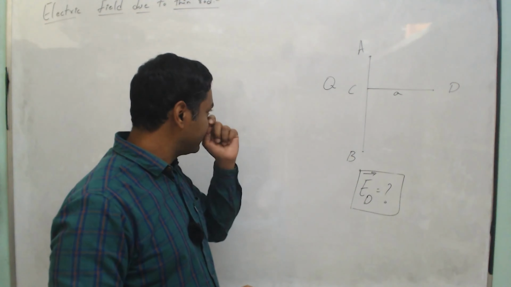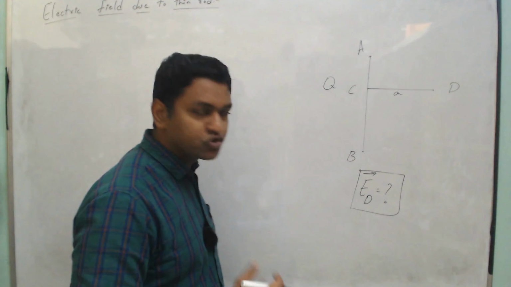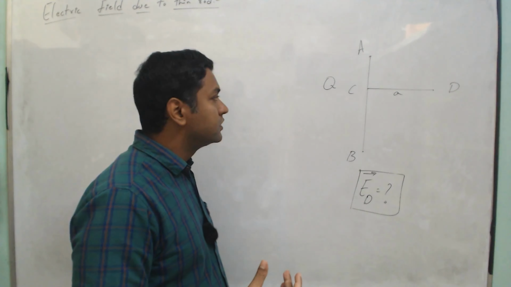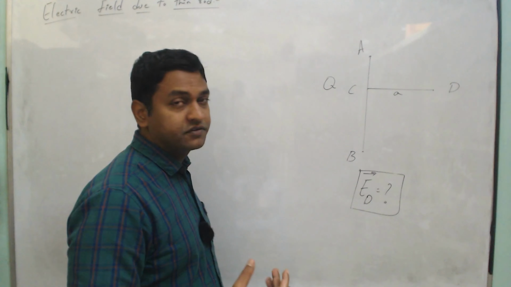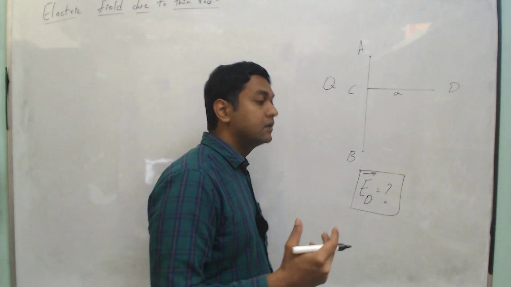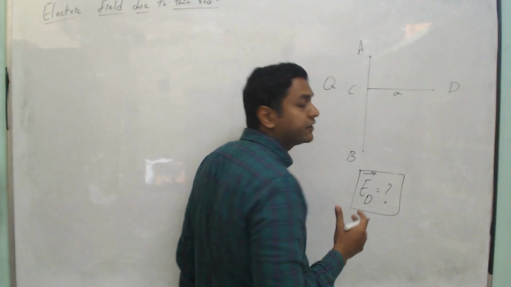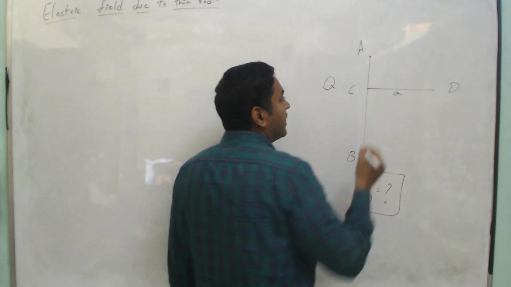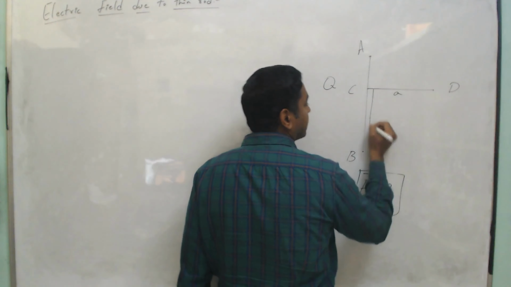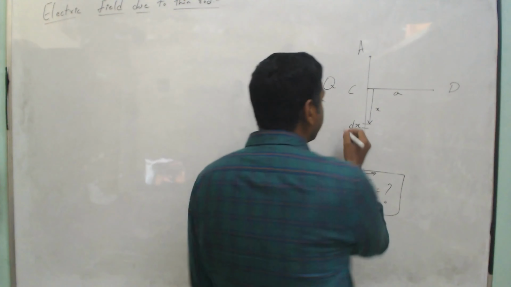So, what will we do? We will take an element. For that, what is the first thing? Let there be a reference point. And I'll take at a distance of x a small length dx.